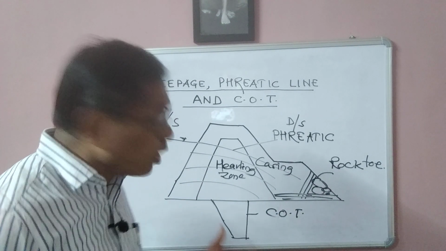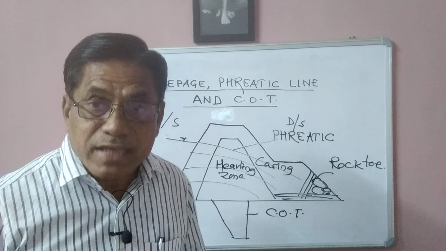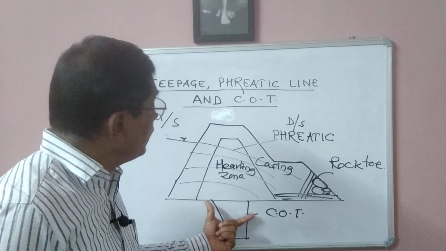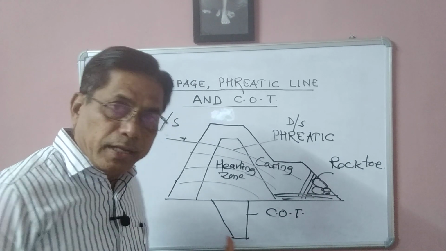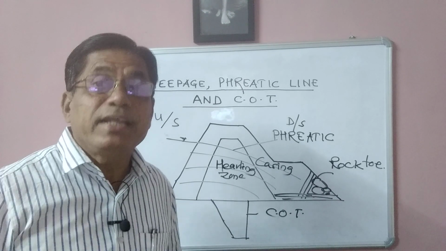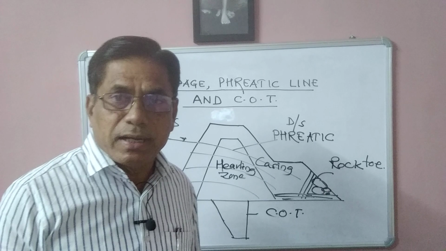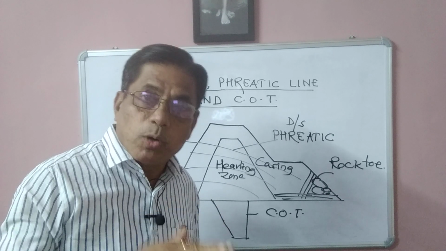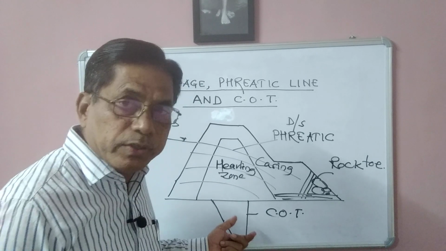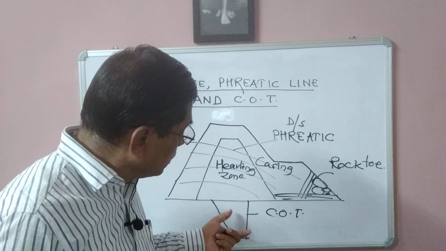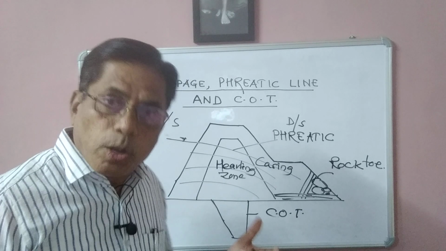So the cutoff trench is the trench excavated within the hearting zone, and then it is filled with impervious type of the material. So proper compaction is done. The material which is filled in the cutoff trench, you have to compact it at the optimum moisture content.